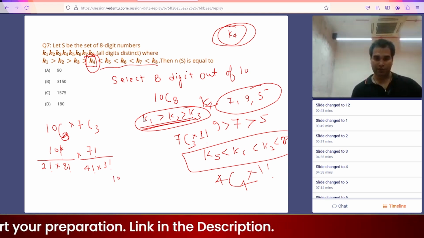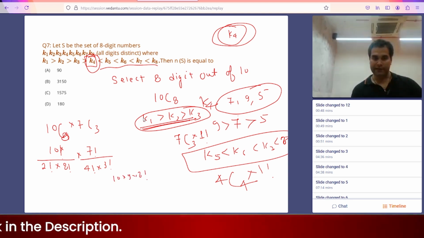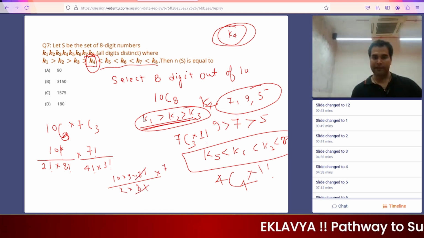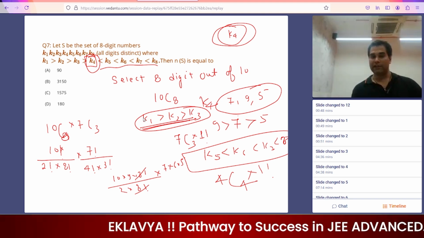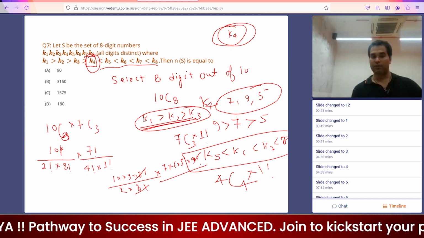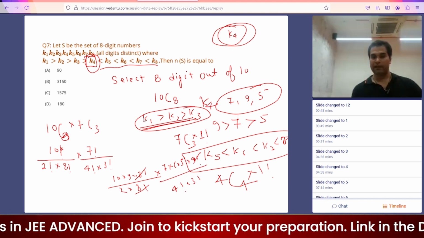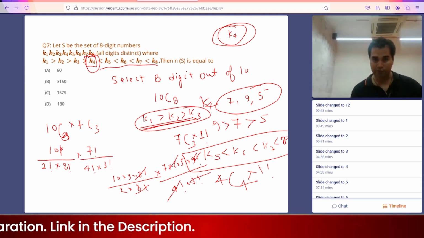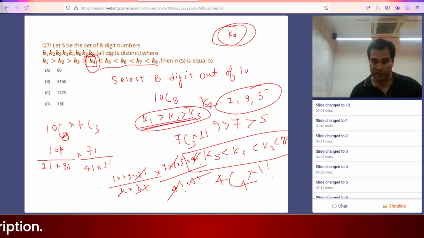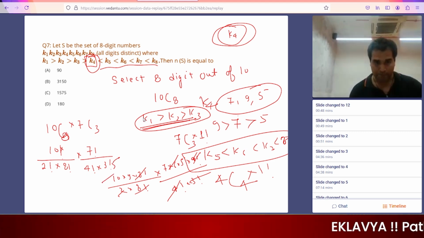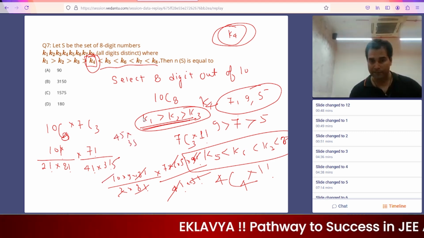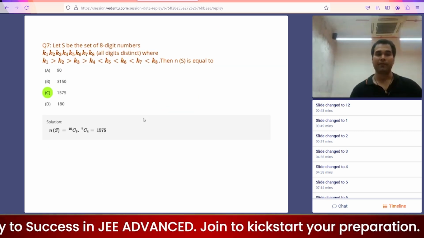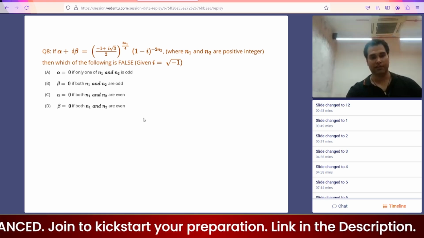Now let's solve: 10, 9, here 8 factorial and 2 into 8 factorial, 8 factorial cancels out. 7, 6, 5 into 4 factorial and 4 factorial into 3 factorial, 4 factorial cancels out, 3 factorial is 6, 6 and 6 cancel out, and 2 5s are 10. 5 9s are 45 into 35, we will get 1575. Here option C is the correct answer.